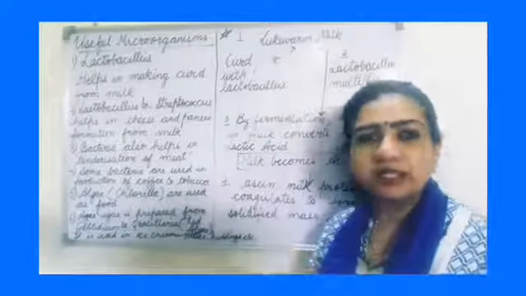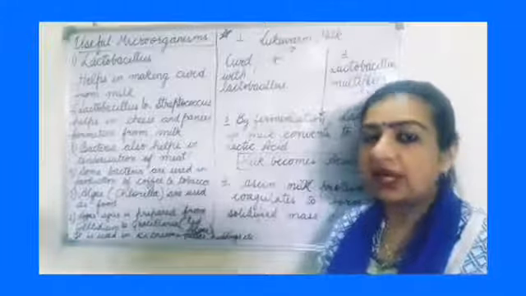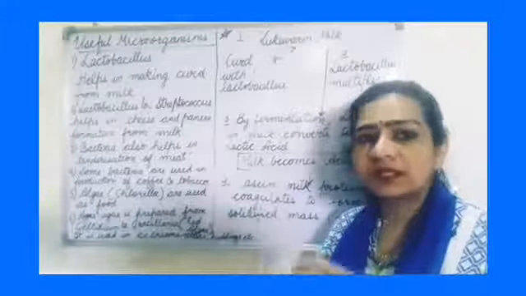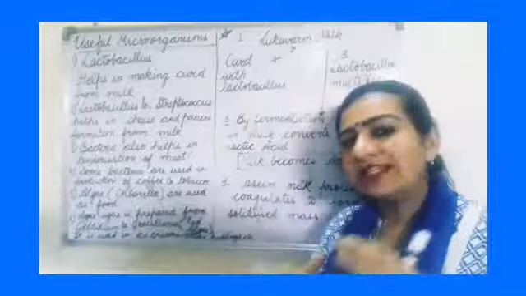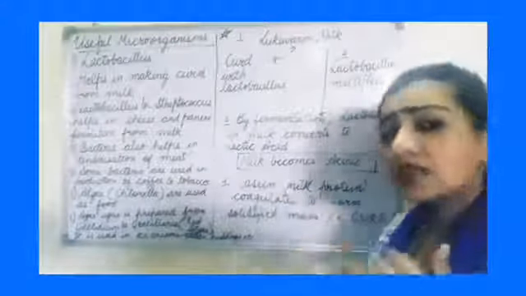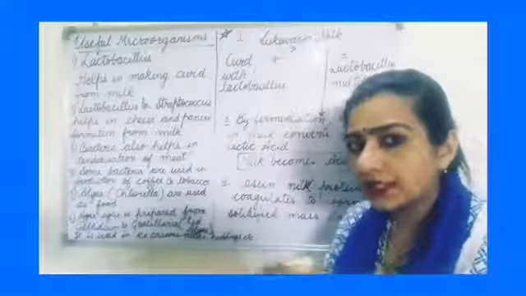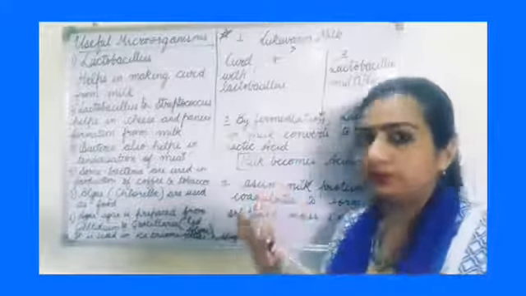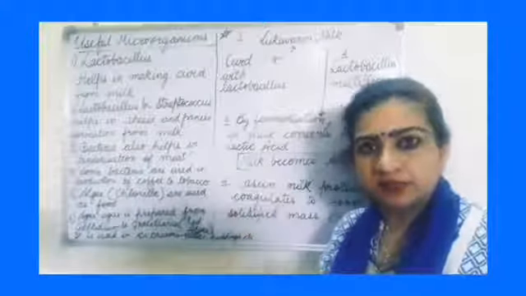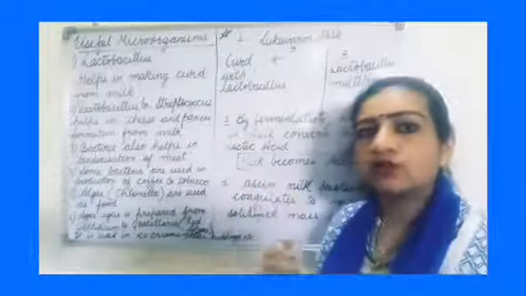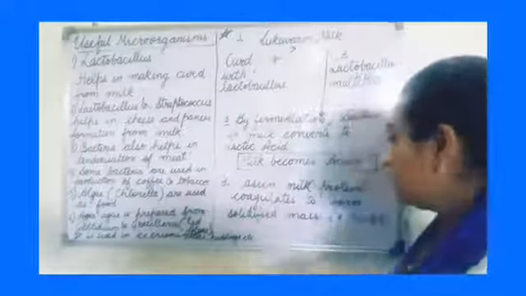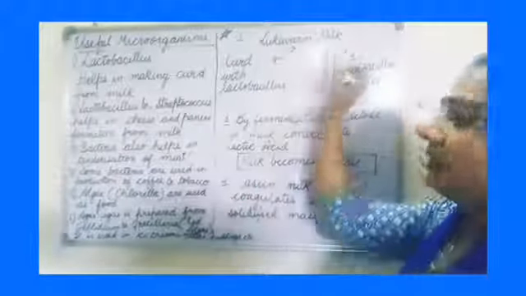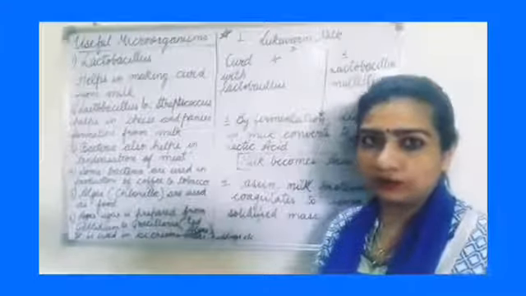It gets converted into lactic acid and thus milk becomes acidic. Under these acidic conditions, the milk protein casein starts to coagulate. Coagulation means it starts to become solid, get solidified. It clumps together to form curd. So in this way we get curd from milk. I hope it is clear to all of you.